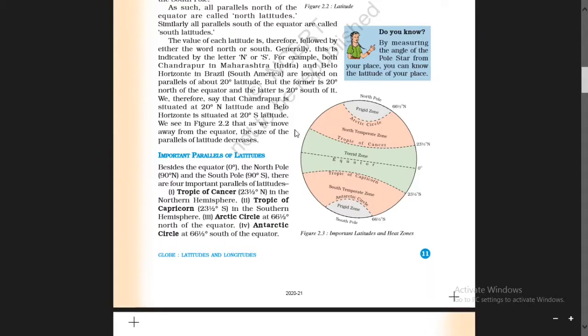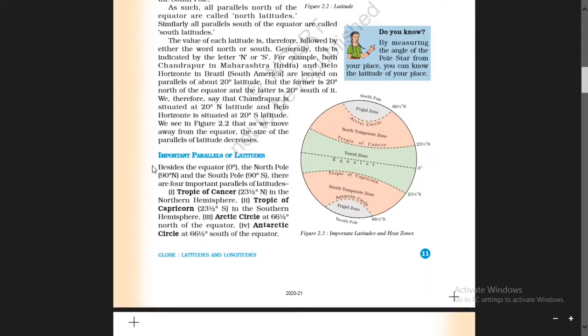So we have the Tropic of Cancer, Tropic of Capricorn, North Pole, frigid zone, North Pole, then South Temperate Zone, Arctic Circle, frigid zone, South Pole. This has been mentioned. You have to know how to draw it and how to label this.